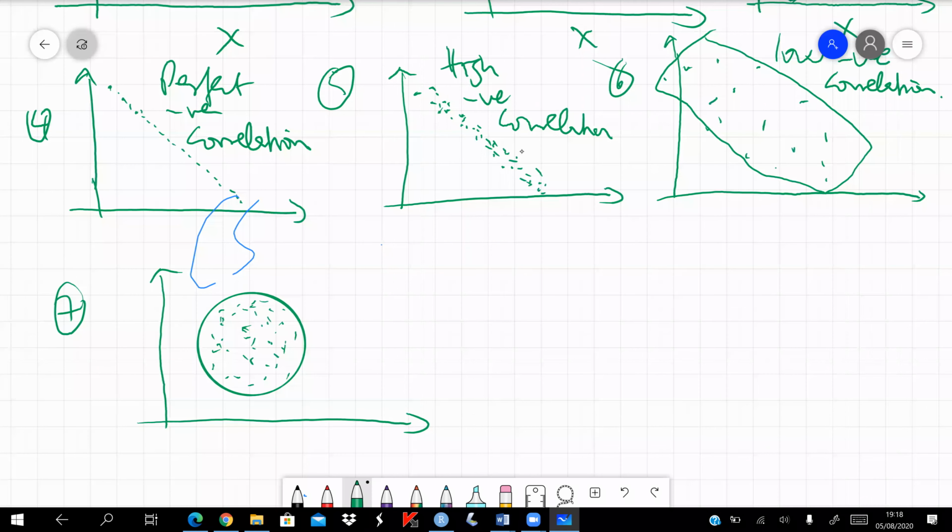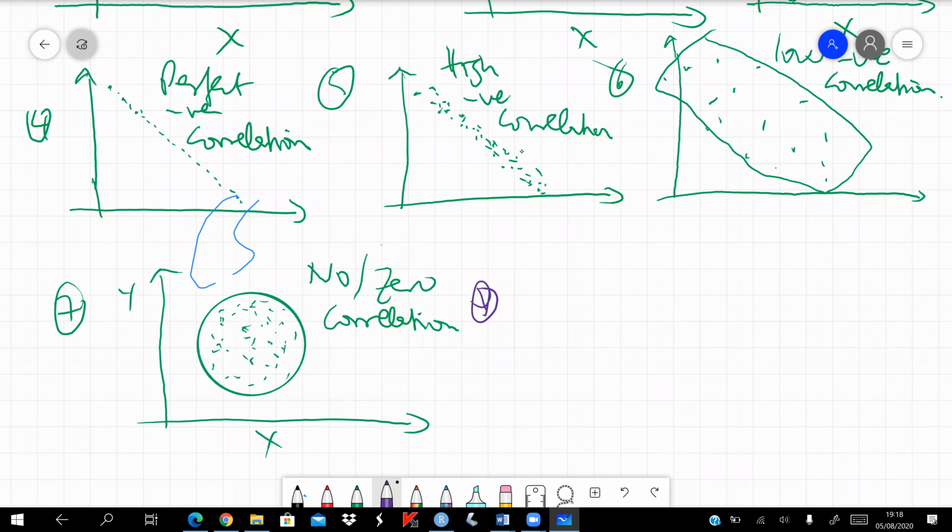So in such a case, so this is Y and this is X, you say there is no or there is zero correlation. So the two variables are not correlated at all. Again, these are very rare scenarios, but if you happen to get it, you don't even need to go to the algebraic method. You may want to stop there.